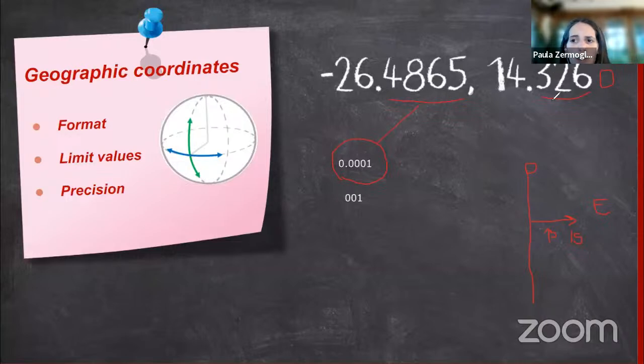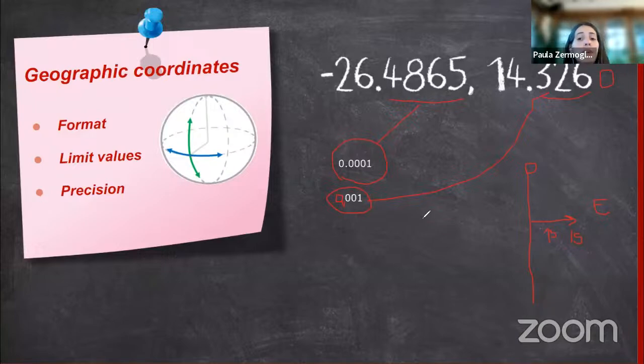For the longitude, we have 3 decimal places. And so 3 decimal places would be 0.001. This 0.001 would be the precision of this coordinate.